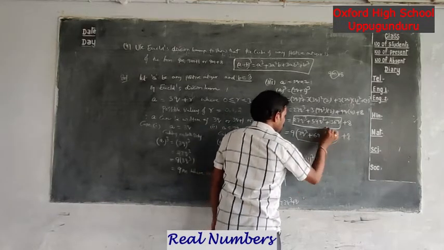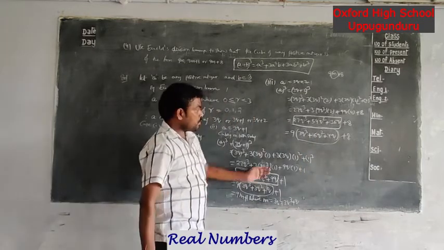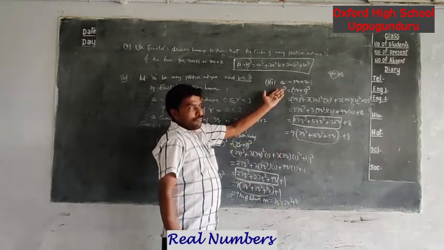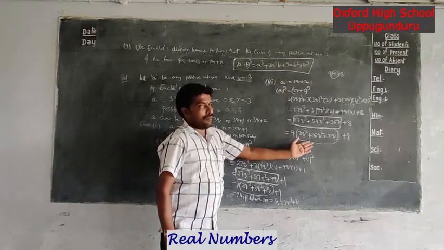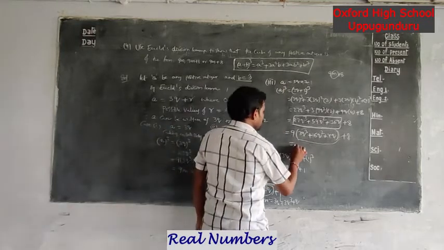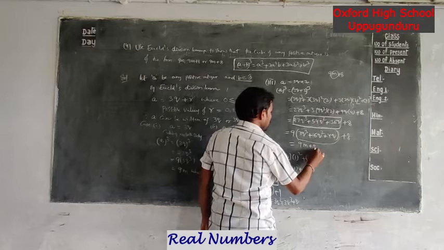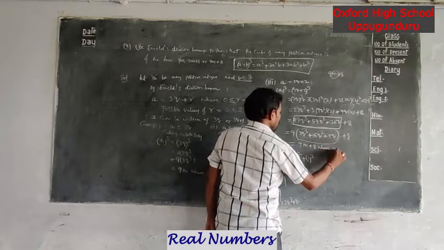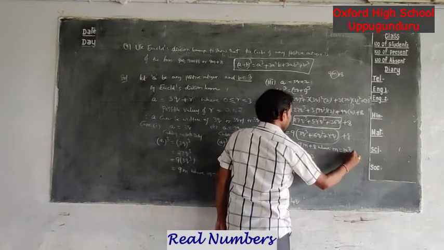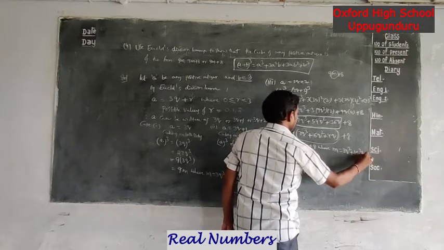Here you have to consider this total value as m. Why? Because you have to express this cube of a in terms of 9m plus 8. So it is equal to 9m plus 8, where m equals 3q cube plus 6q square plus 4q.